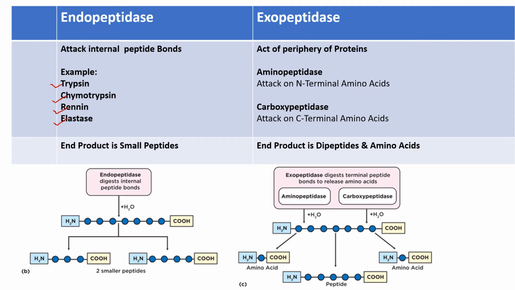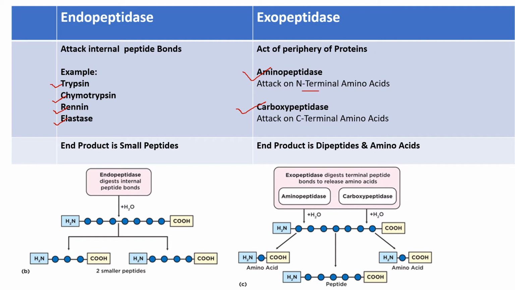So this enzyme will attack the internal peptide bond, and here we will get two small peptides. Similarly, exopeptidases act on the periphery of the protein, that is aminopeptidase and carboxypeptidase.